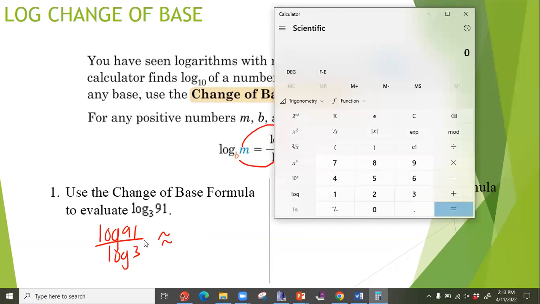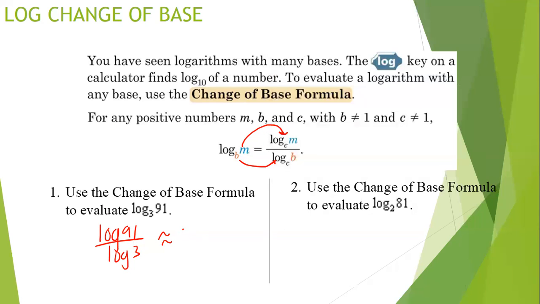So I'm going to do 91. I want the log of 91 divided by the log of 3, and it says, oh, here's your answer. So approximately 4.11. So that gives me 4.11.